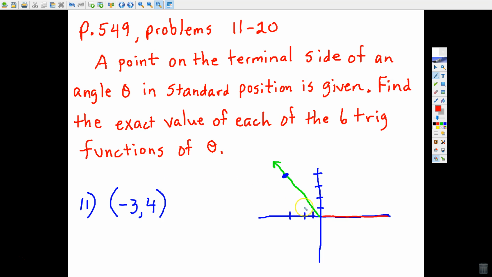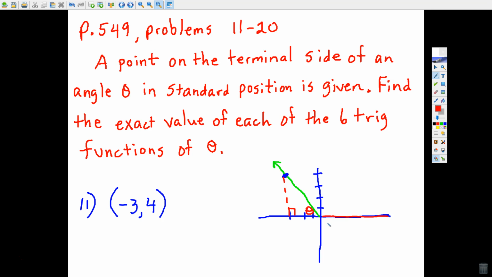sine, cosine, tangent, and then all of the inverses. All right, so here's what we're going to do. We're going to take this terminal side going through negative 3, 4, and let's just turn it into a right triangle. So I'm just going to drop a line straight down, and I'm going to form a right angle. Theta will always be this angle here, near the origin, when you make this right triangle.